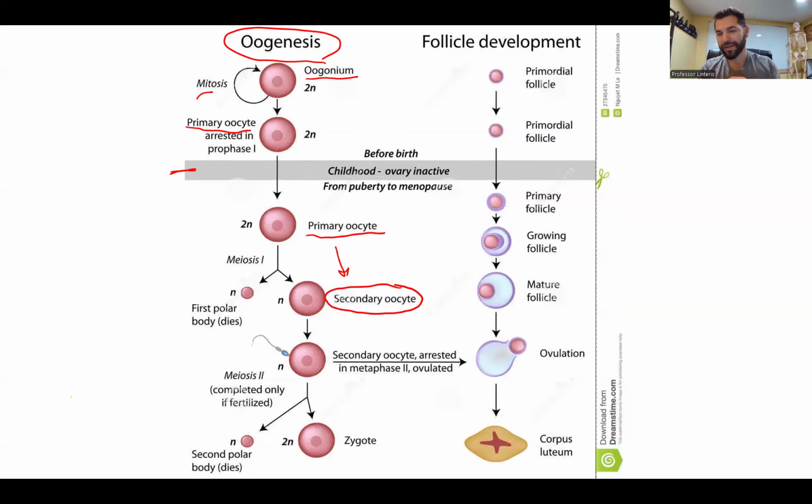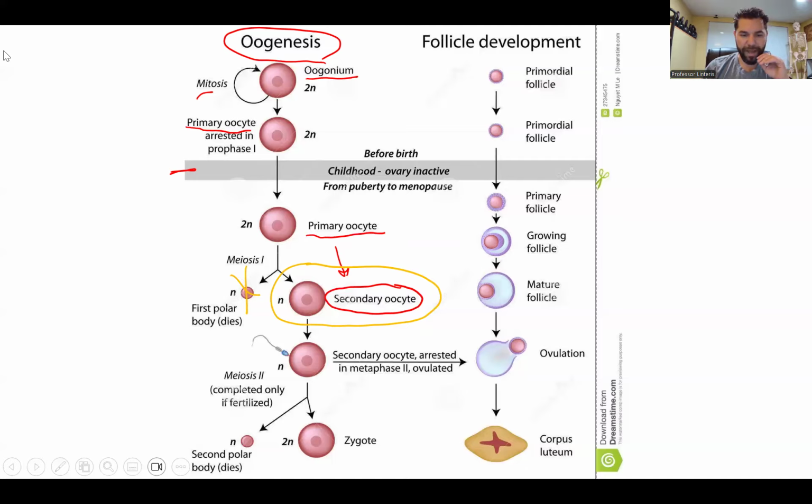When we talk about spermatogenesis, I'll show you that every time we do this, we make four, because that's the math. Here, we only want to make one secondary oocyte. So what we produce are polar bodies. We undergo the initial meiotic division, and we produce a secondary oocyte and a polar body. The polar bodies are gotten rid of. We don't need them. We just needed to have that N.